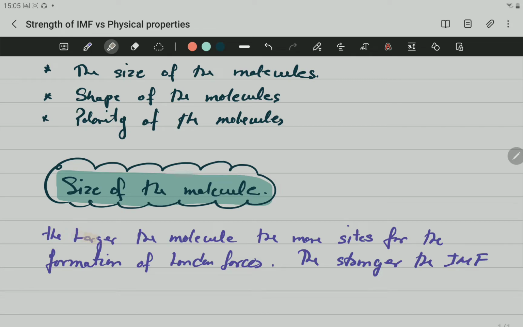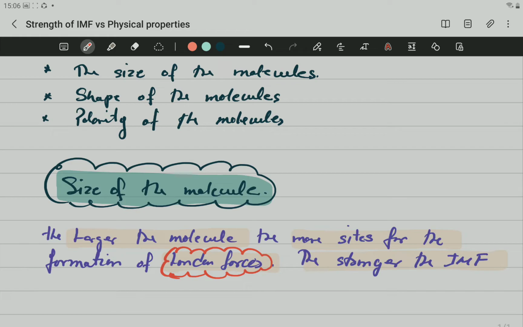If the molecule is large, what is going to be affected are the London forces. So the larger the molecule is, the more London forces it can form with another molecule.